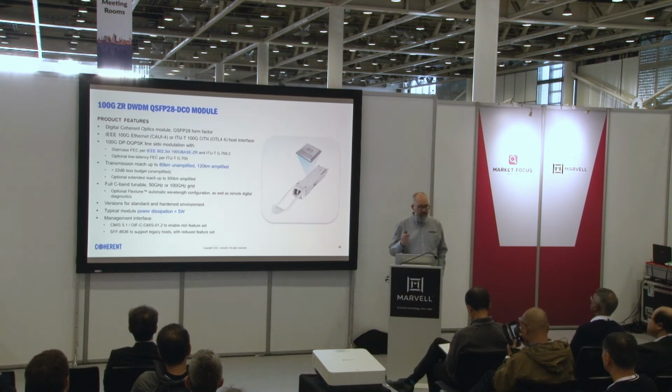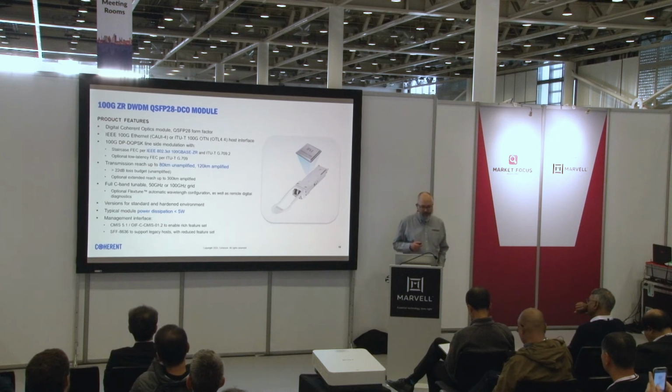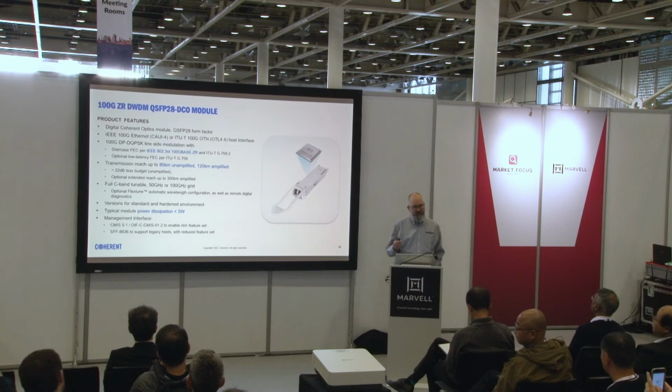We've done that by designing a purpose-built DSP focused on the application, not one of these Swiss Army type devices that you find in the 400G modules. Really focused on just solving the problem at hand, which is transmitting 100 gig of data over distances of 80, 120 kilometers, potentially 300 kilometers, in as efficient a way as possible.